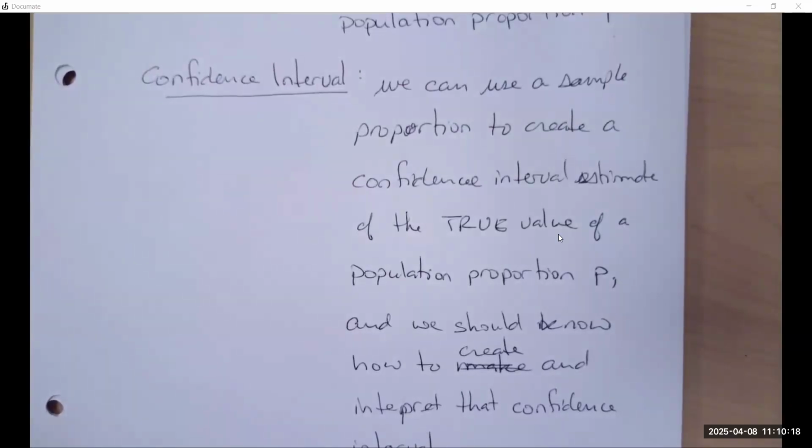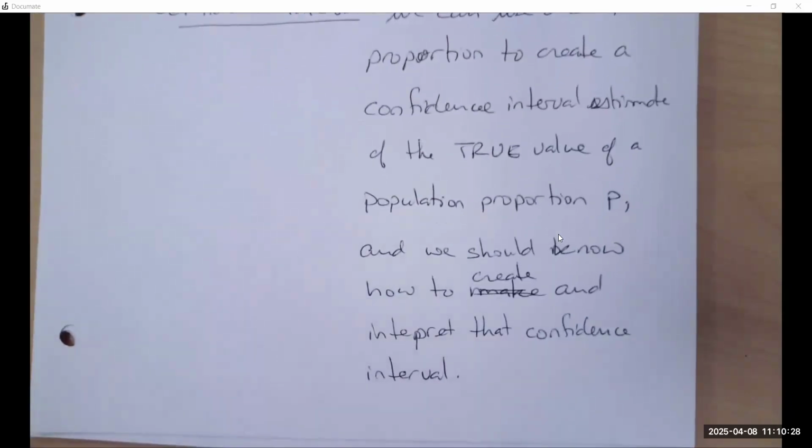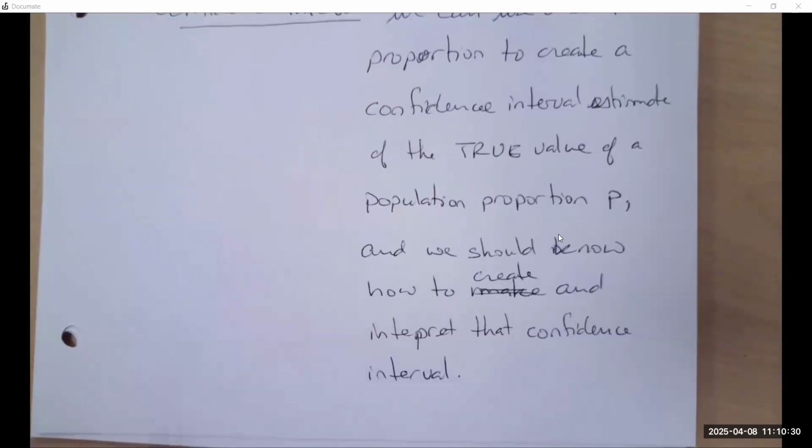We're trying to do what with the sample? We're trying to estimate the population values. So a confidence interval is where we create an interval where we are a certain percent certain that the population value will be within that interval.